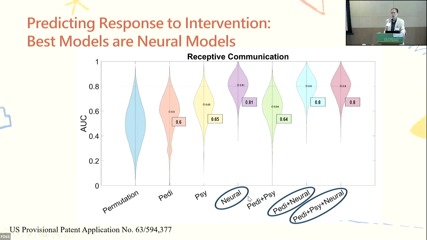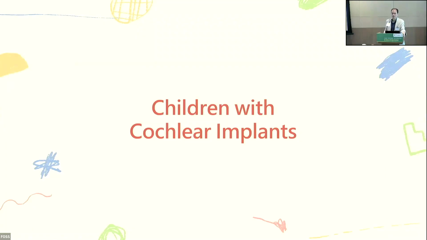And so far it seems like using EEG can also help us predict whether or not the child will respond well to the type of intervention that we prescribe to the child. So we can use neuroencoding to make forecasts about future development, and also make forecasts about response to intervention for children with autism.